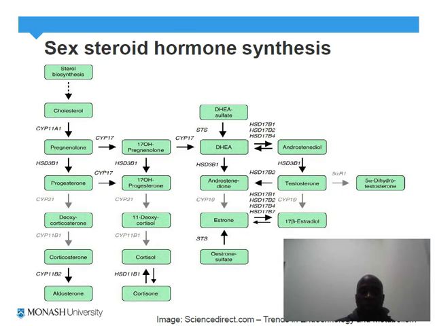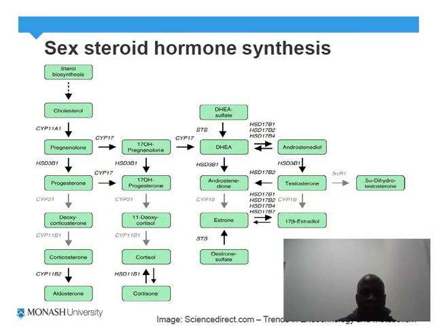But it just goes to show that there are a lot of biochemical substances that are involved in the sex steroid hormone synthesis.